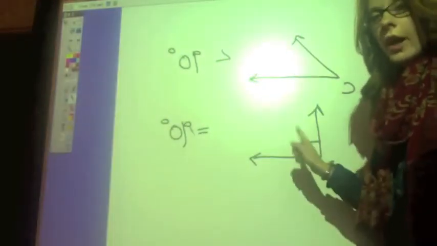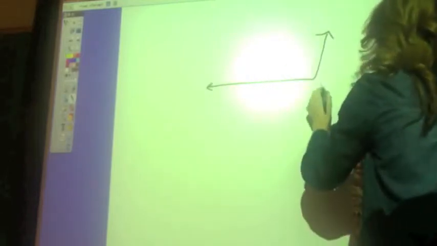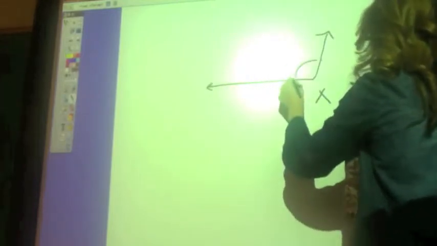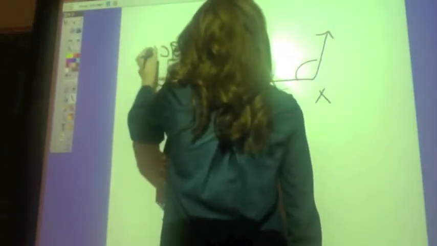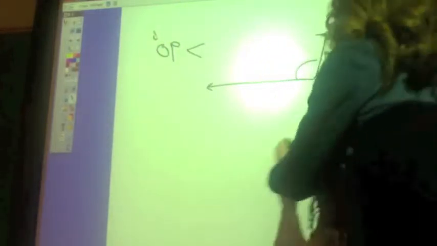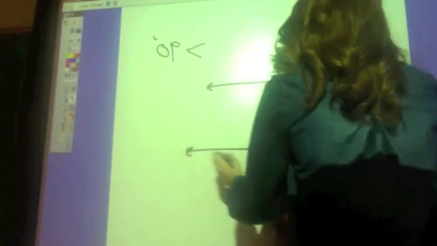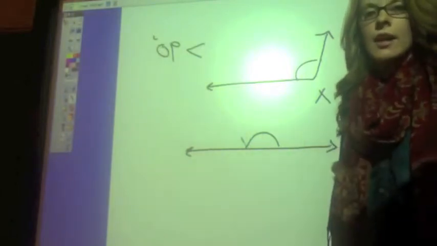Acute, right. We have obtuse. These are greater than 90 degrees. And then we have straight angles. Straight angles create a straight line. A straight line is 180 degrees.